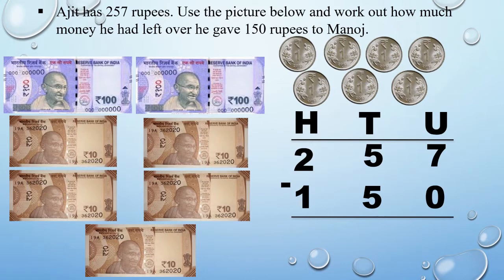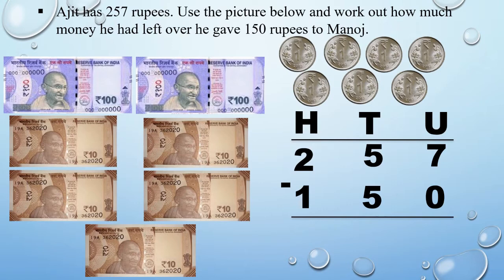Yes. 2 notes of 100 rupees each, which means 2 hundreds. 5 notes of 10 rupees each, which means 5 tens. And 7 coins of 1 rupee, which means 7 units. Out of this, he gave 150 rupees to Manoj, which means 1 hundred, 5 tens and 0 units.